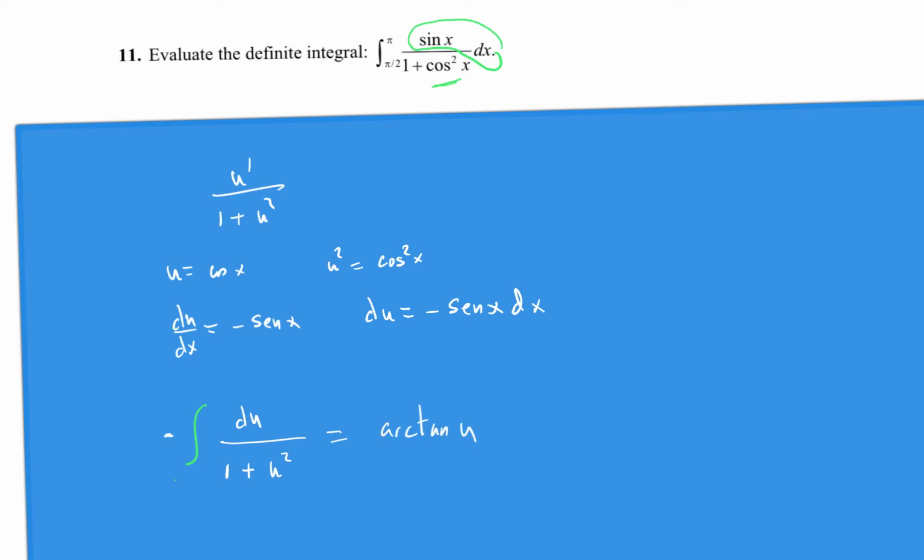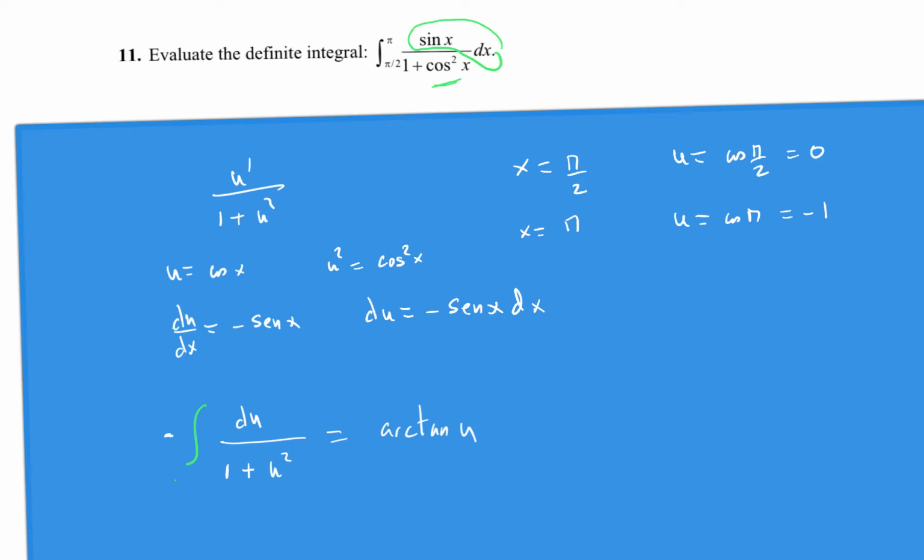Now, when x equal pi divided by 2, u is cosine of pi divided by 2, which is 0. When x equal pi, u is equal cosine of pi, which is minus 1.